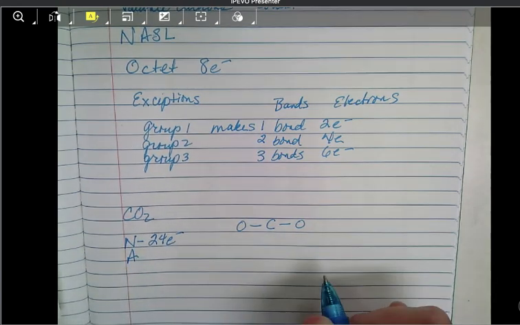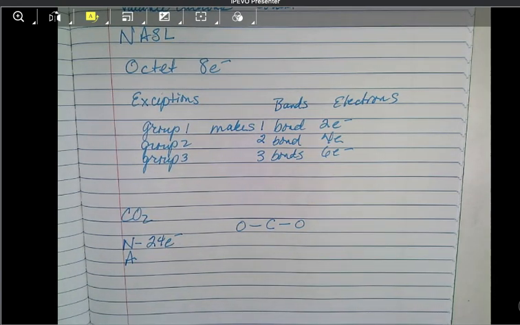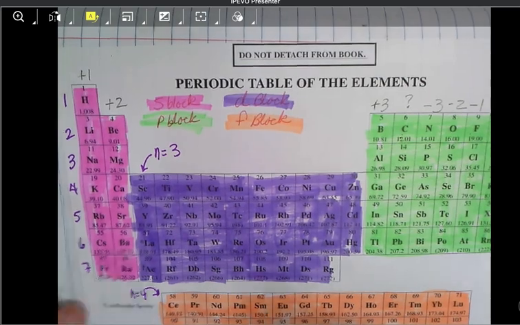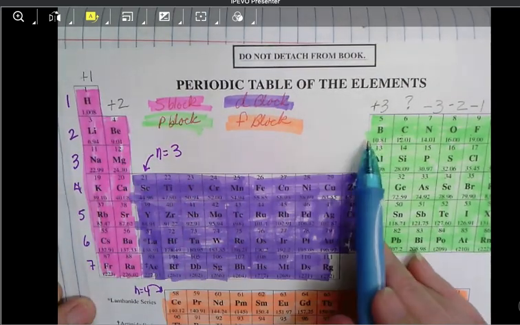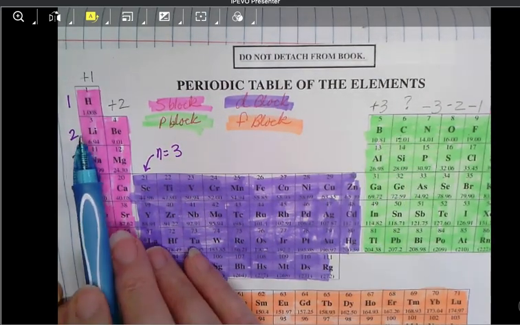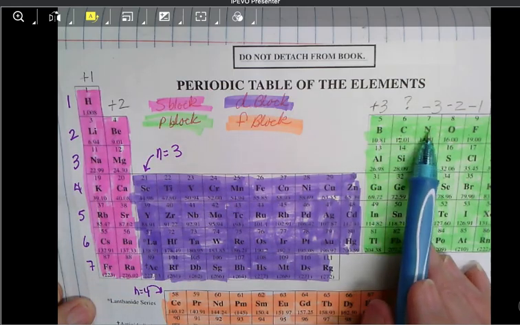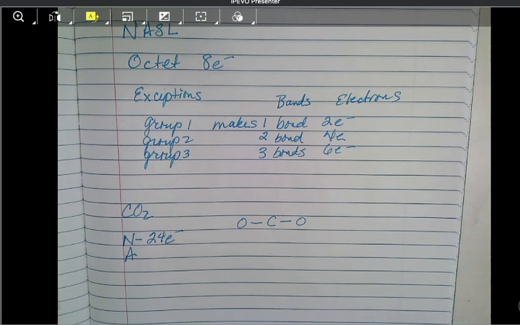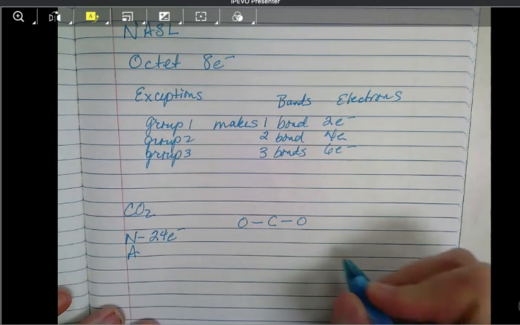How many are available? Going back to my periodic table, we're going to count over. 1, 2, 3, 4 for carbon. 1, 2, 3, 4, 5, 6 for oxygen. So I need to figure out how many are available.